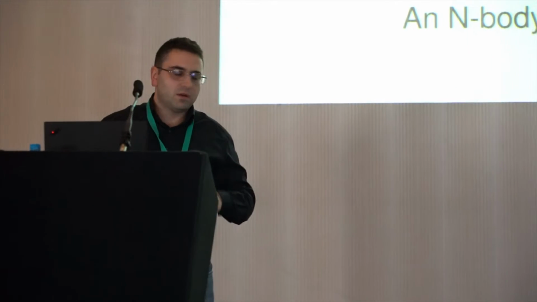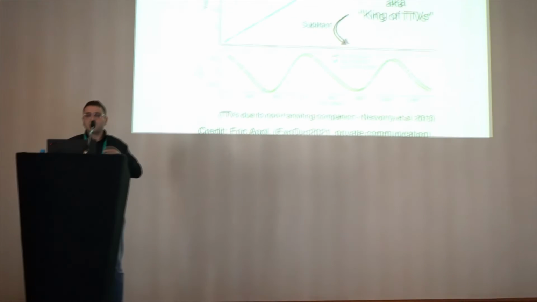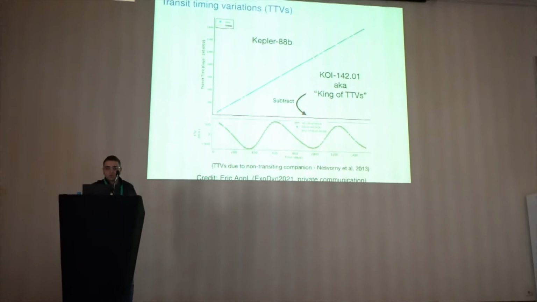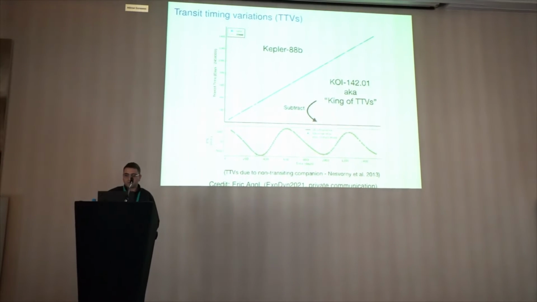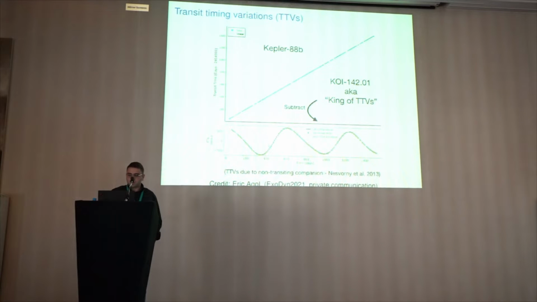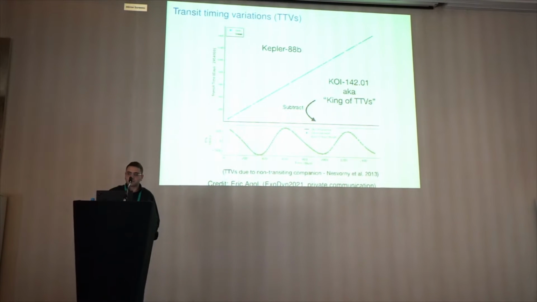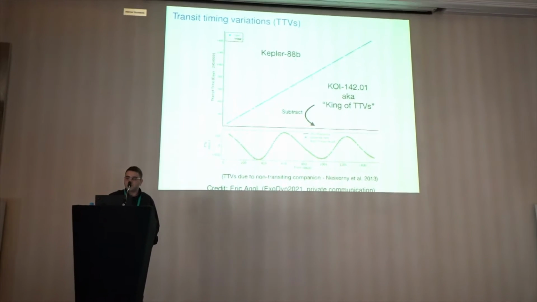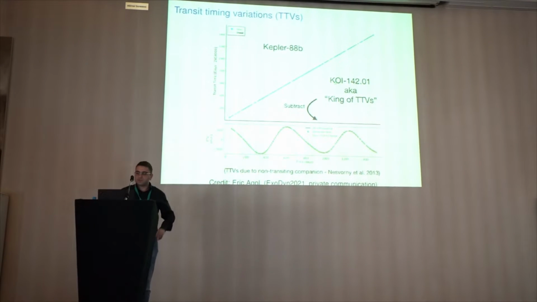I just want to mention that this is a well-known phenomenon. Maybe you have heard about transit timing variations. This is a plot that I took from Eric Ford, from a talk he gave last year, and I just asked him for this slide because I really like it. This is Kepler-80b, or it's called the king of the TTVs.